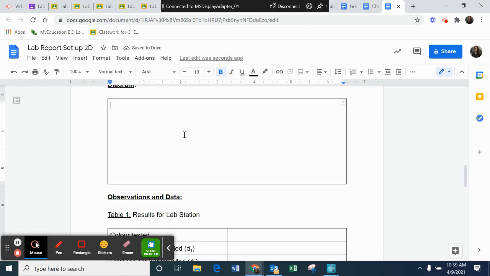Diagram, you all need to draw your own diagrams. So whether you do that with some kind of computer program or whether you do that on a piece of paper and take a picture of it is up to you. For this lab, because there are 7 reactions, they're all a similar procedure, so I just want you to draw an example of 1 or 2, and label kind of the setup.